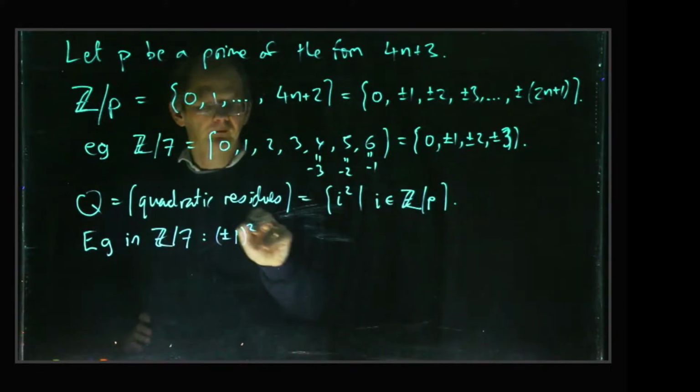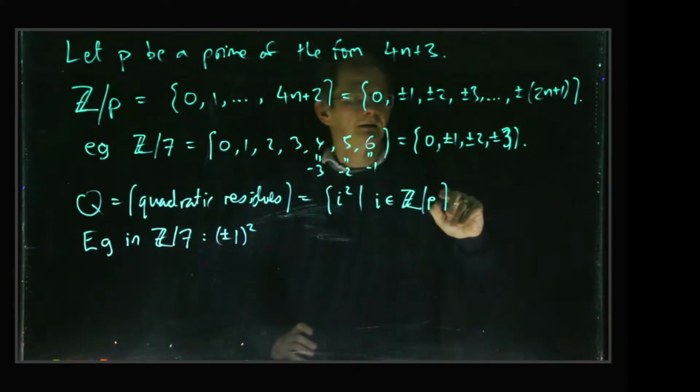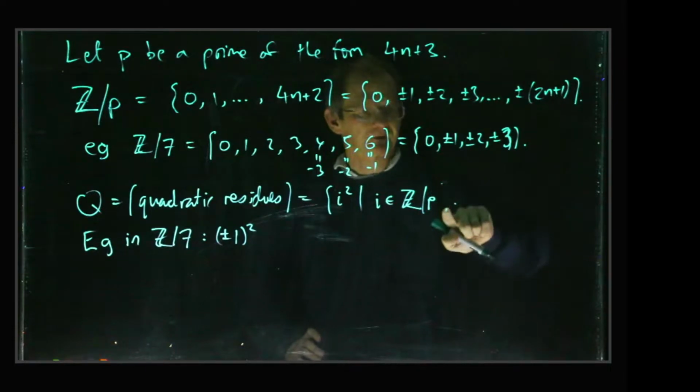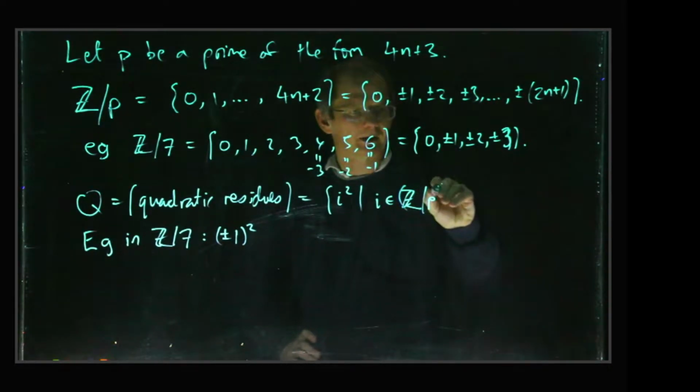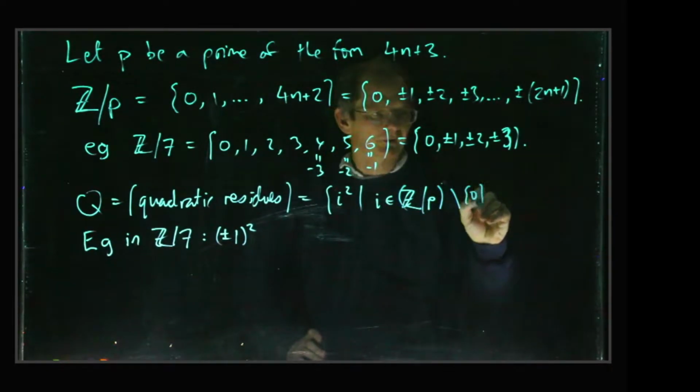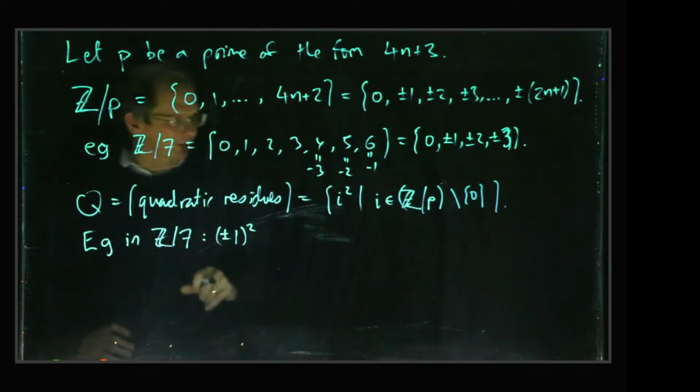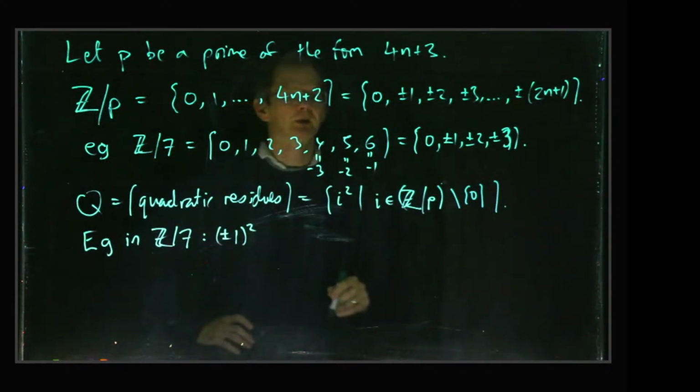I should have said here we're not considering 0, so let's adjust that. So the non-zero squares in Z mod P is what we're calling Q.